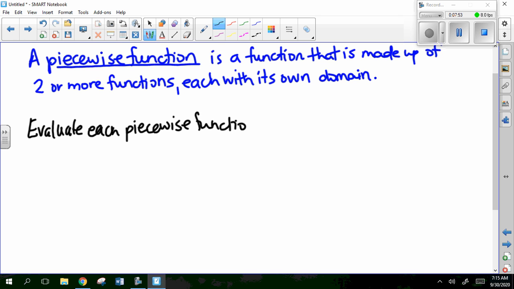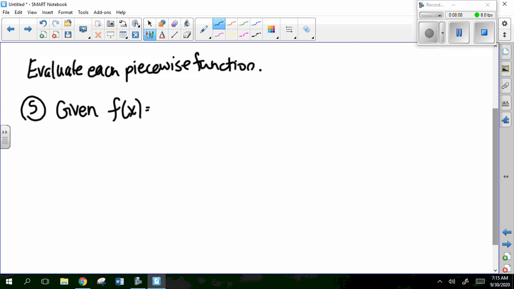Of course, I have to give you a piecewise function. So we can call this number 5. We'll pick up where we left off. Now you're going to see what a piecewise function looks like. It is literally a function like f of x or g of x or h of x that is defined in pieces. So we've got this piece x squared minus 1 if x is less than -2.